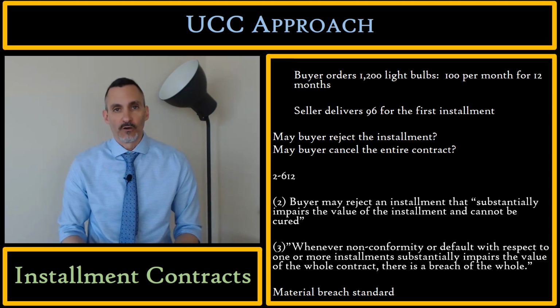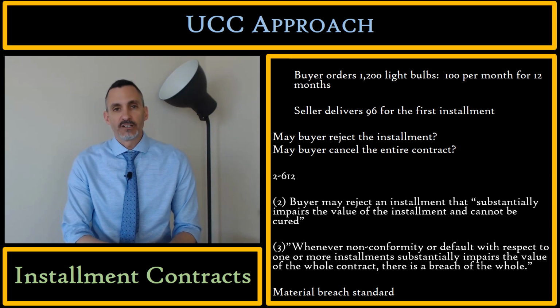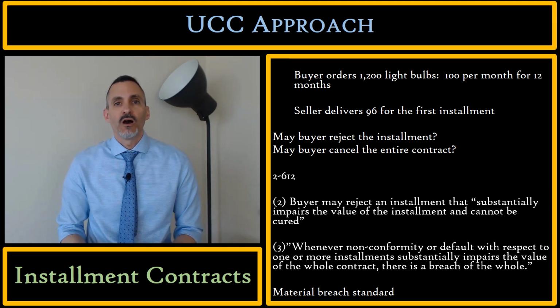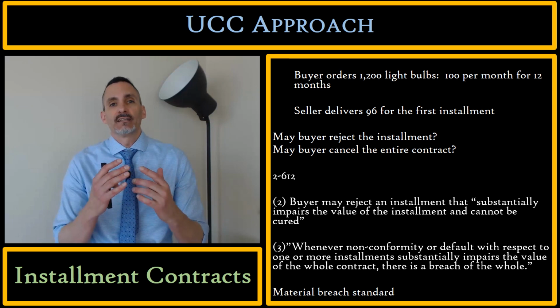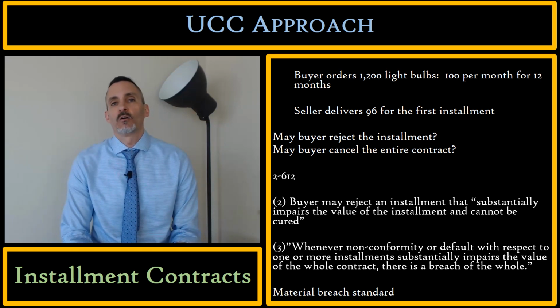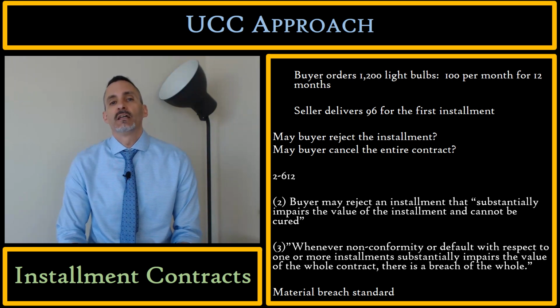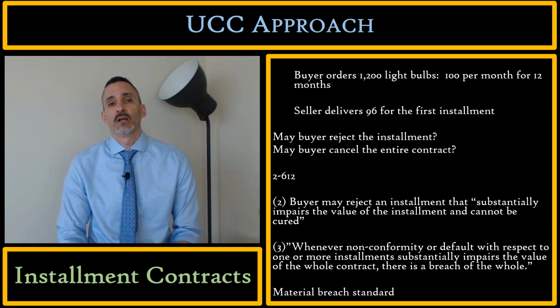In other words, if seller breaches enough of the entire contract to substantially impair the value of the entire contract, then and only then can buyer walk away from the contract. Can buyer cancel the contract because of seller's breach? This is the installment contract situation. We use a material breach standard.